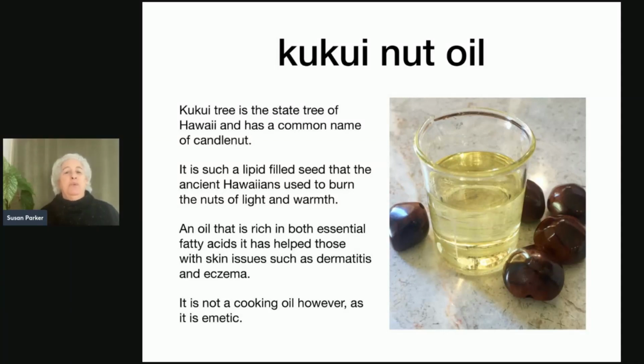It's an oil that's rich in both essential fatty acids. There's only 2 essential fatty acids, and this is an oil that's quite rich in both, and it's very helpful for skin issues such as dermatitis, eczema, and that sort of thing. Kukui nut, of all of the oils I'm showing you, is not a cooking oil, however, as it's emetic, not unlike castor oil.